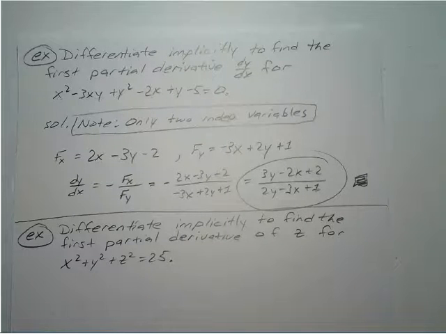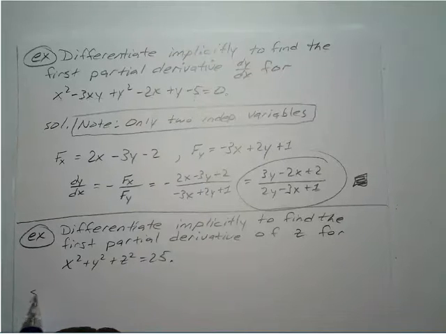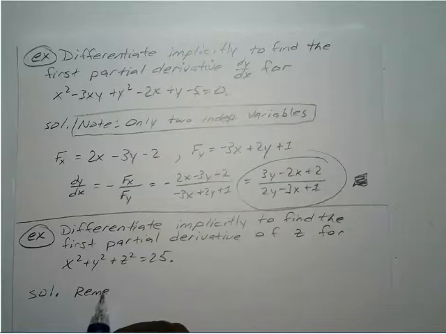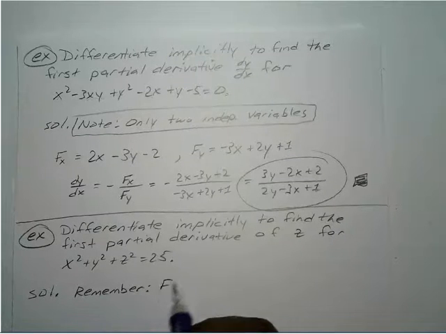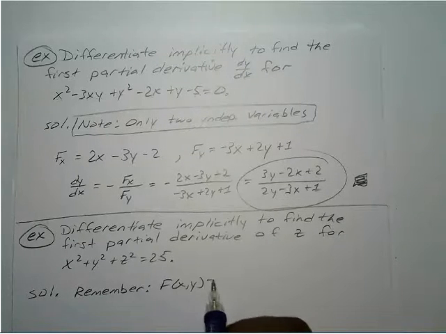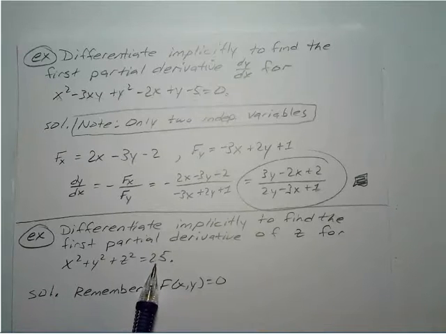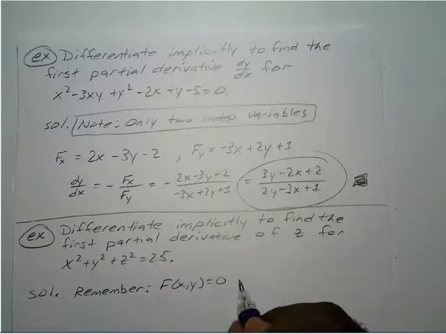All right. Now, before you do anything, you have to remember f of x, y, z has to equal 0, which means you just have to bring everything to the left side.